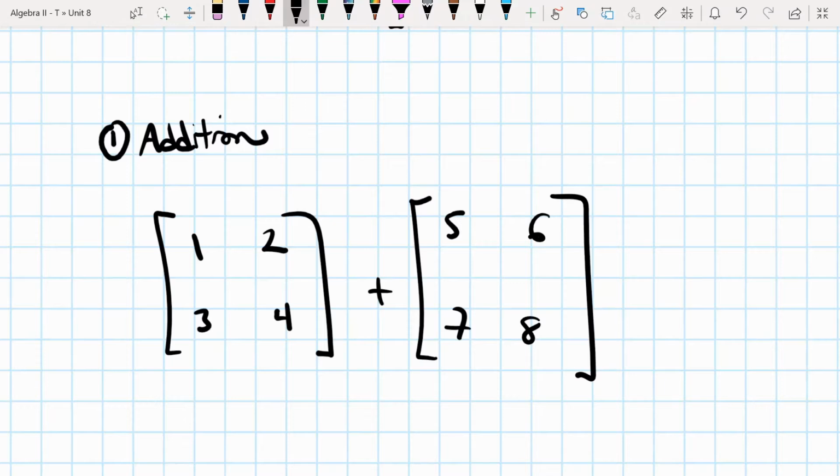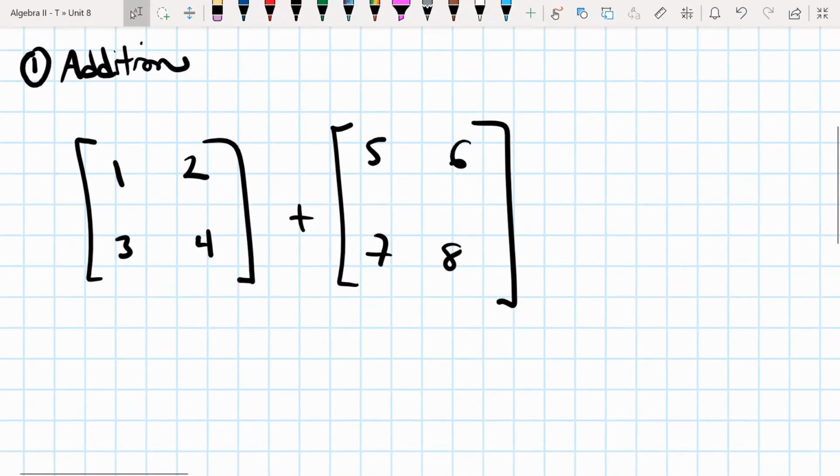So let's add the 2 matrices together. So we have the matrix 1, 2, 3, 4 plus the matrix 5, 6, 7, 8. And the way it works is we take each element in the matrix and we add the same element in whatever matrix we're adding to the original. So, for example, for this first one, we're just going to add 1 and 5, and so we get 6 right here.